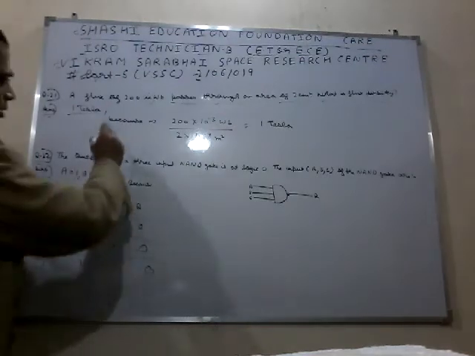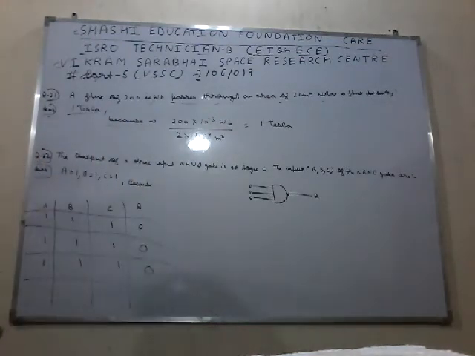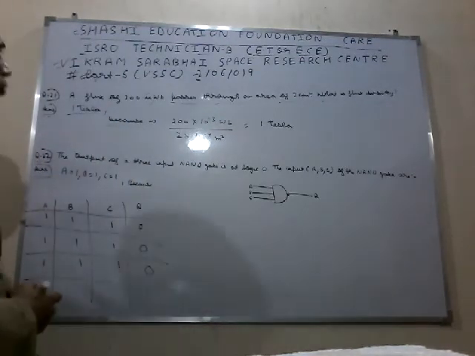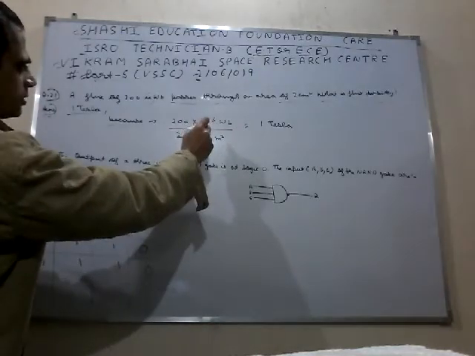Because, according to the flux density formula, we have 200 into 10 to the power minus 3 Weber.